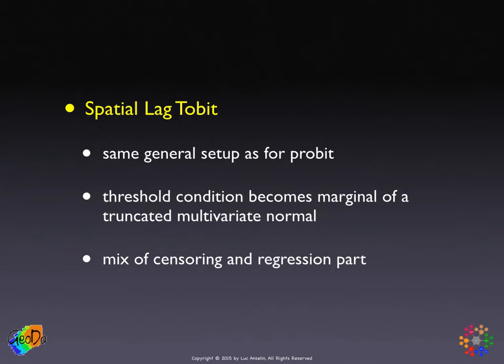Now, the complication is that the 1 minus p is not going to be a simple marginal condition, but becomes the marginal of a multivariate normal distribution. And then the observed part will be related to a truncated multivariate normal distribution. So this is all very complicated.